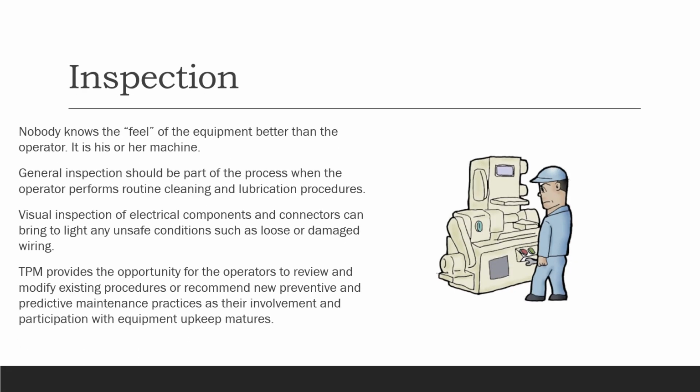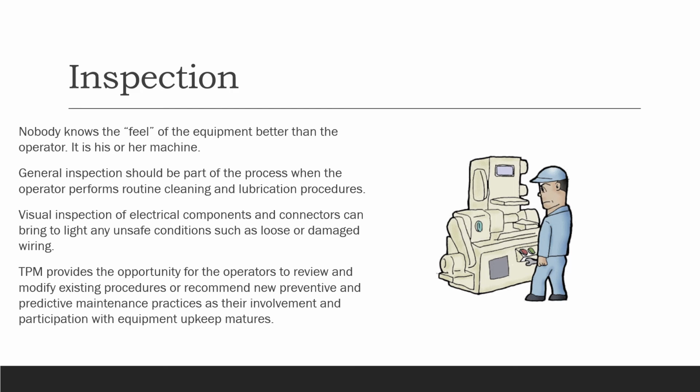Nobody knows the feel of your equipment better than the operator. It is his or her machine, so they know the machine very well. General inspection should be part of the process when the operator performs routine cleaning and lubrication procedures. This type of inspection is just a daily inspection done by the operator. It's not your quality control inspection at all.